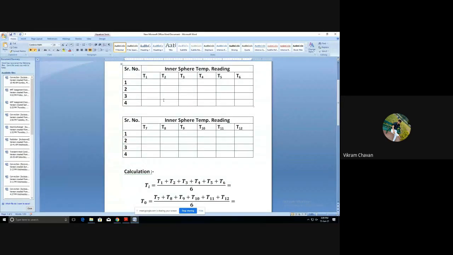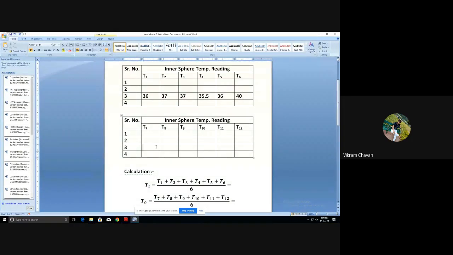Okay, suppose the fourth reading, and I'm giving 40 for example purposes. I will provide you 36, 37, 37, 35.5, 36, 40.